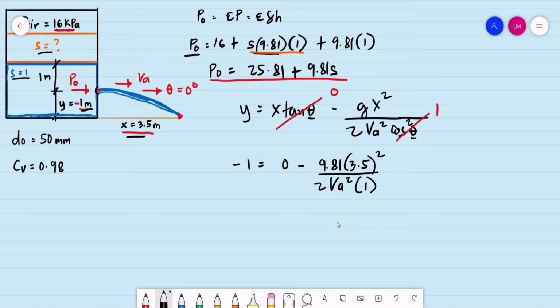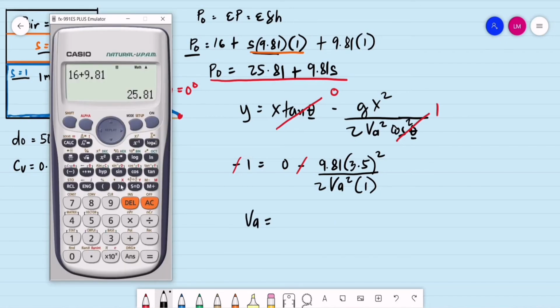Okay, so obviously, pareho silang negative. Magka-cancel na lang yung sign na negative. Kunin natin yung actual velocity. So that is the same as 9.81 times 3.5 squared. This is divided by 2. Okay, then square root.